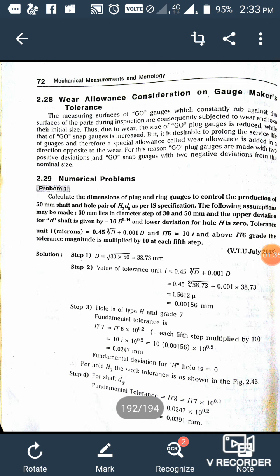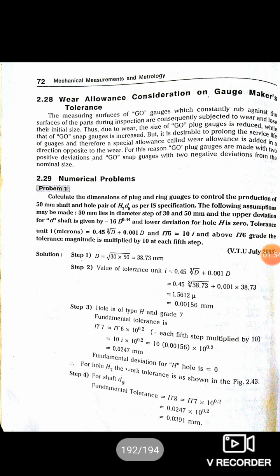The standard tolerance unit i is equal to 0.45 cube root of D plus 0.001 D. Here D indicates the diameter step. And next it is also given that IT6 is equal to 10i, and above IT6 the tolerance magnitude is multiplied by 10 at each fifth step.